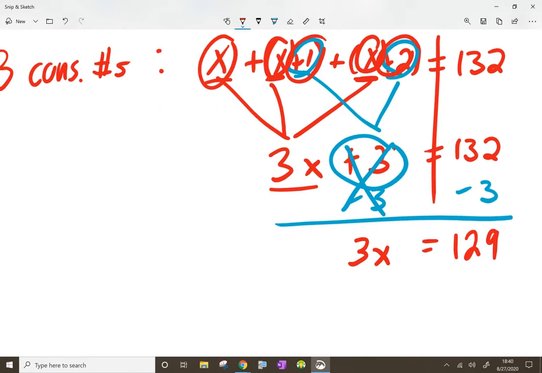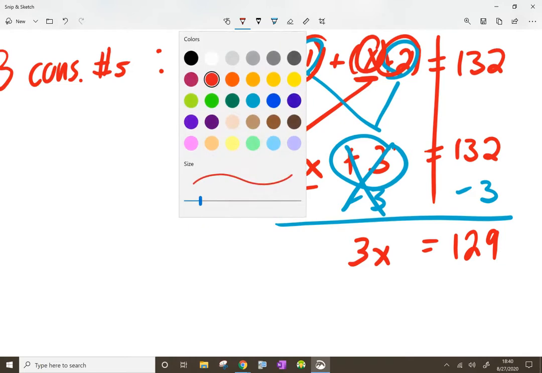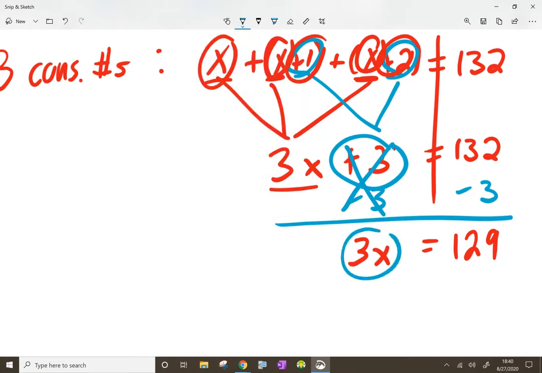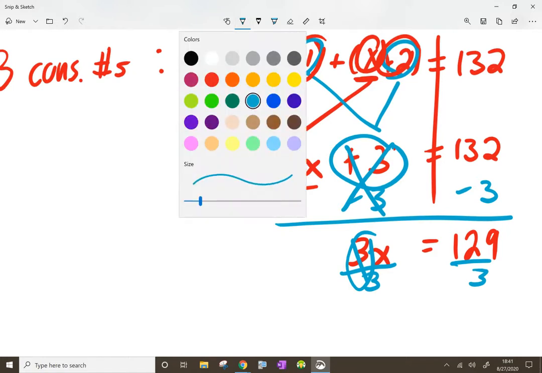Now, in order to cancel out this last 3, remember, it's 3 times x, so right now it's multiplied. To undo that, to do the opposite of that, I will have to divide by 3 in order to get those to cancel out. So that means dividing the other side by 3 as well.